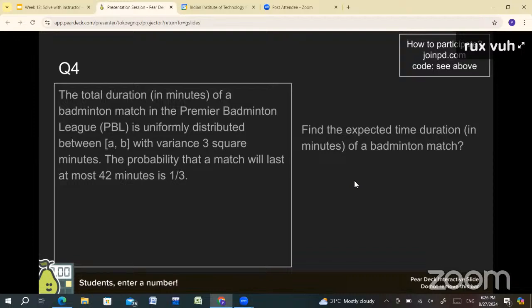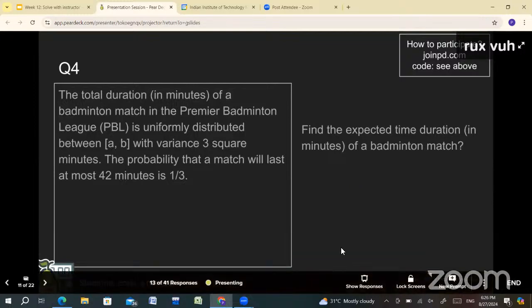Ma'am, can I say the answer? Okay, wait, you can submit the answer in the peer deck. Ma'am, I have submitted. Okay, fine, then wait. I mean, it would be better to give a timer, as they will take a lot of time.